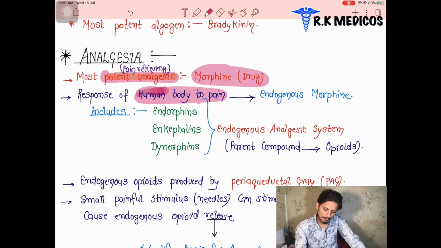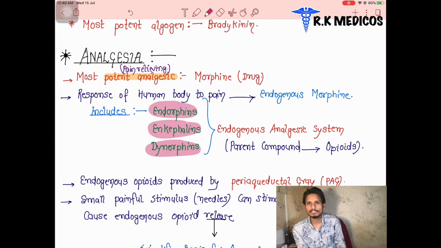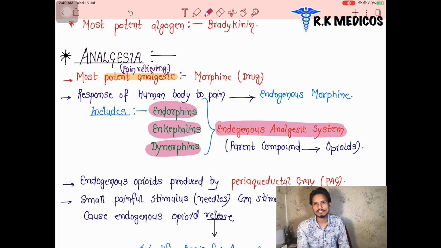These are three in number, produced by the body: endorphins, enkephalins, and dynorphins. These three chemicals produced by our body act as pain relieving substances, and they are called the endogenous analgesic system, because they are produced inside our body.